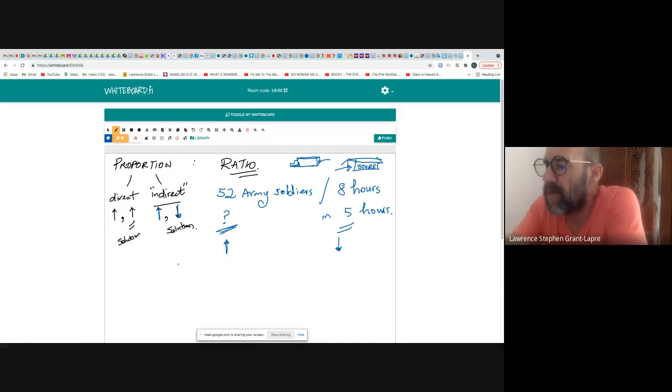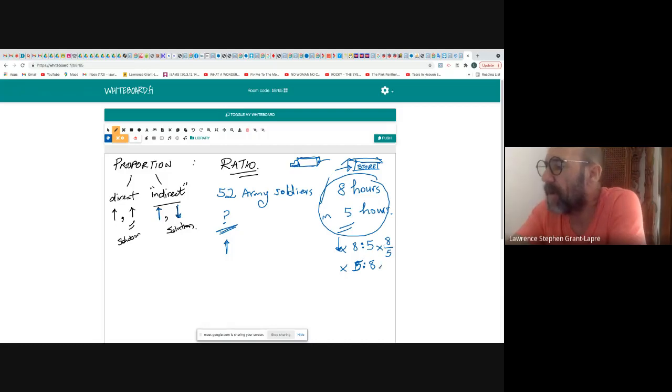This story requires us to multiply, and we're going to use the ratio 8:5. There are two ratios we can make with 8 and 5. We can make 8:5, or we can make 5:8. If we multiply by 8/5, our answer will get bigger.